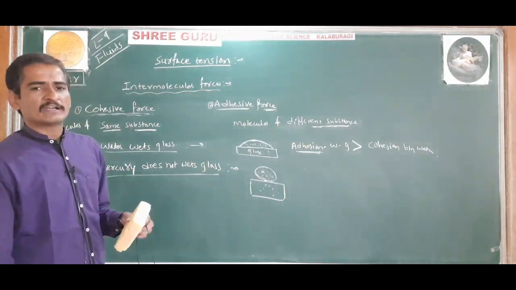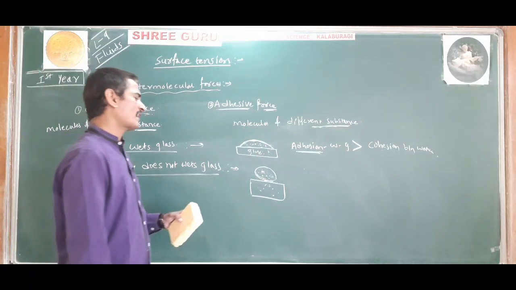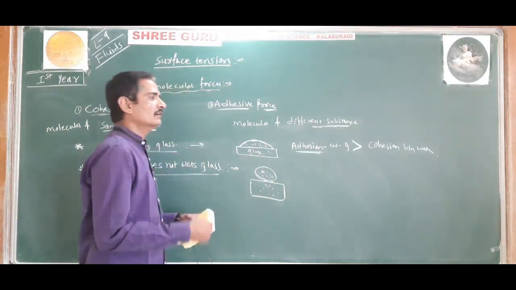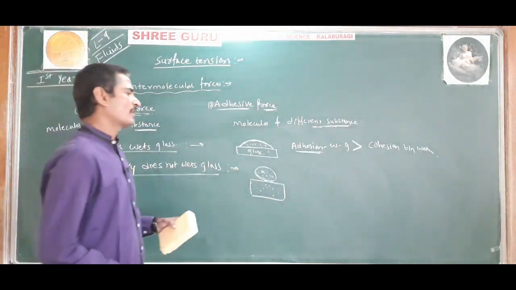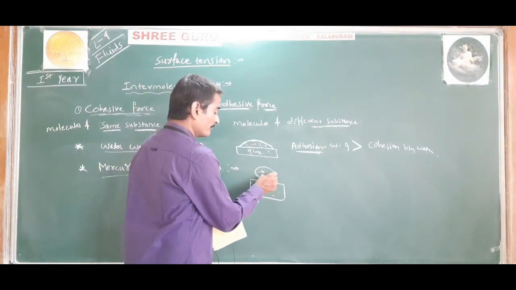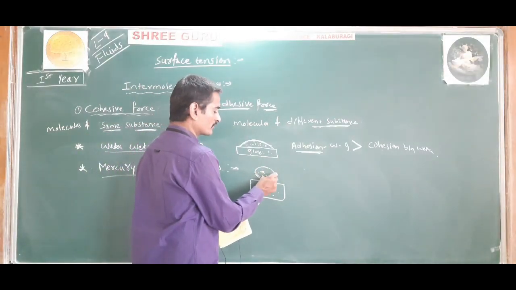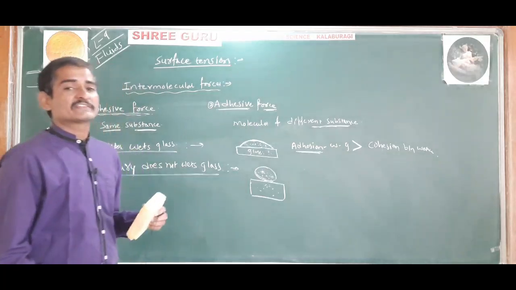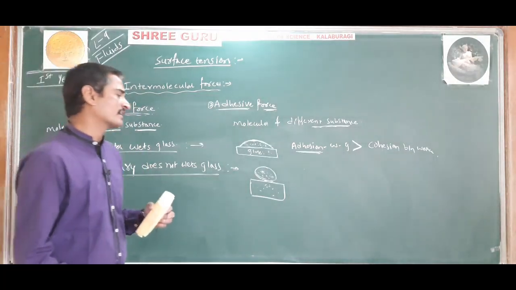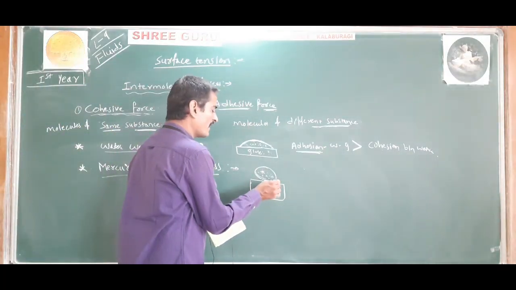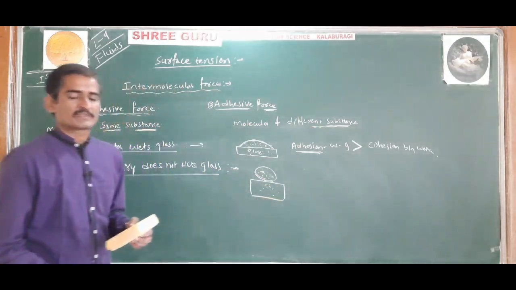The force of attraction, that is the cohesive force between the mercury molecules, is stronger than the adhesive force between the glass molecules and mercury.